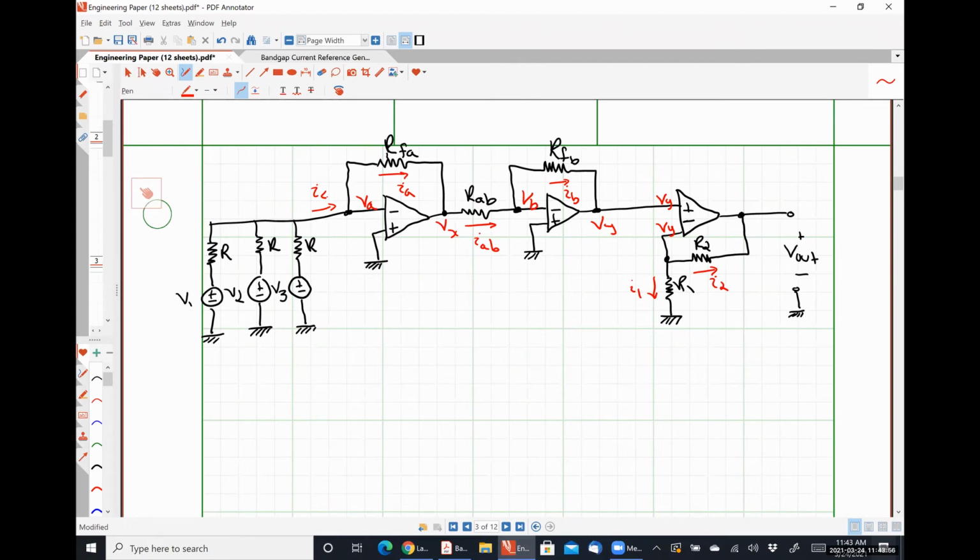So we're going to do this, and it looks very similar to the last one, a little different, but it is a lot easier because they don't have that feedback loop, and so the equations will come a lot quicker. And so we'll have, starting at our last terminal, I2 equals VY minus V out over R2.